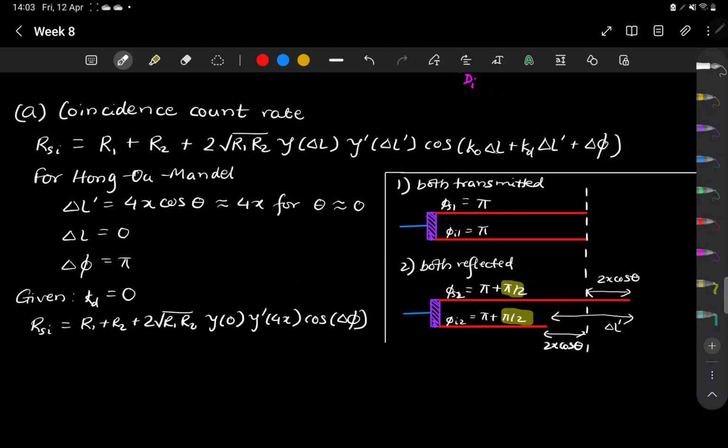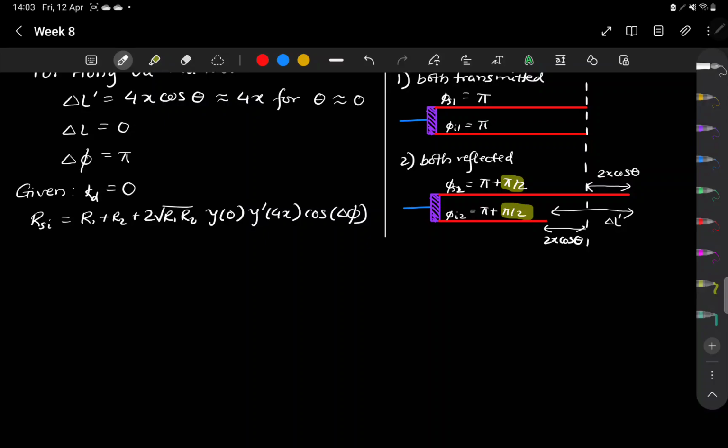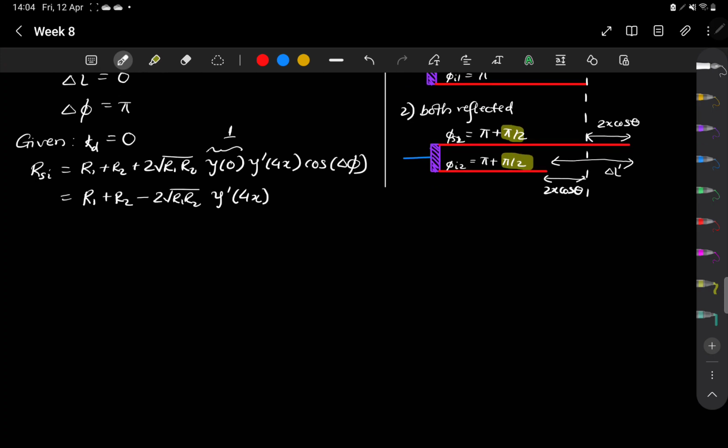Why? Because here this delta L is 0 and here this KD is 0. So only delta phi is remaining inside this term. And we get this. Why? Because delta phi is pi, cos pi is minus 1 and gamma prime 0 is 1. Sorry, gamma 0 is 1.